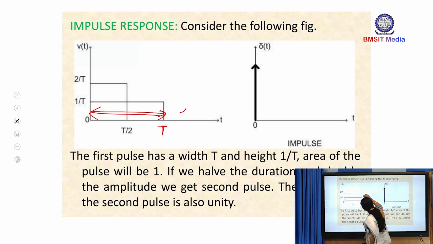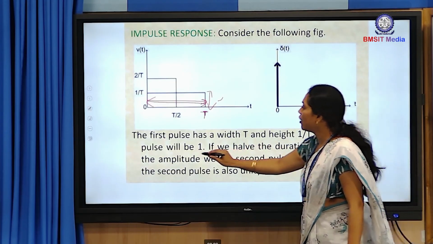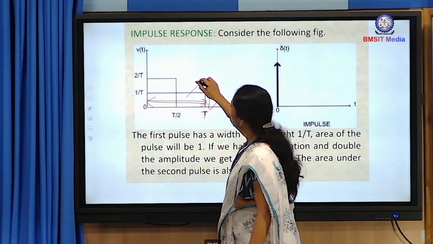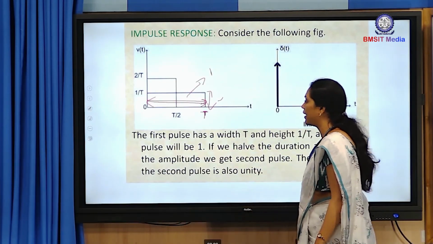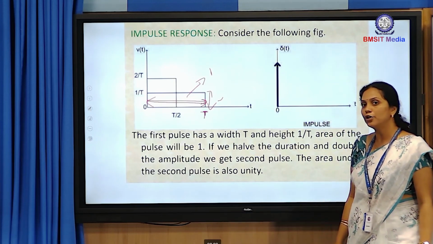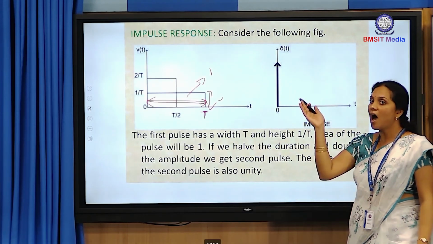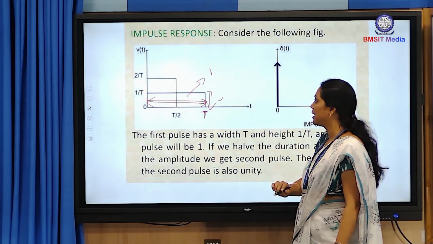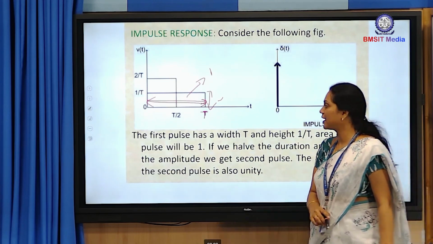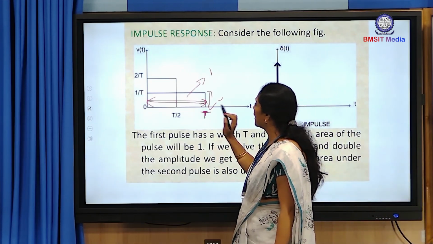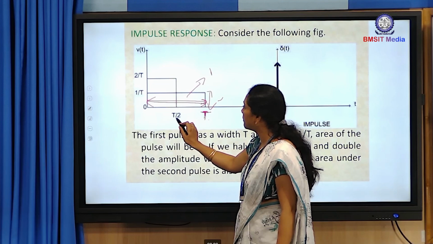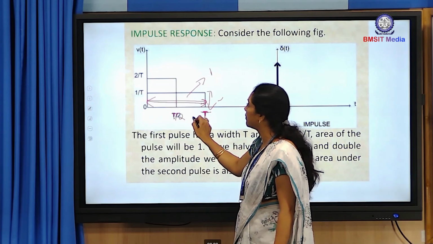What is the height of this particular function? The height of this function is nothing but 1 by t. And what is the area of the pulse? Let us consider the area of the pulse to be equivalent to 1. Now I make a half of this particular function. Then t will be divided by 2, therefore it is t divided by 2.